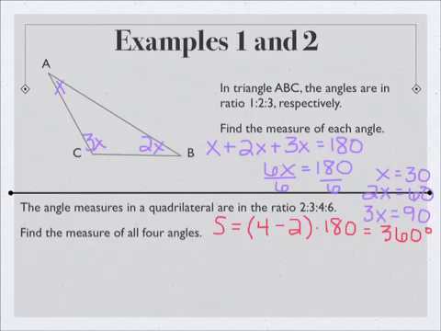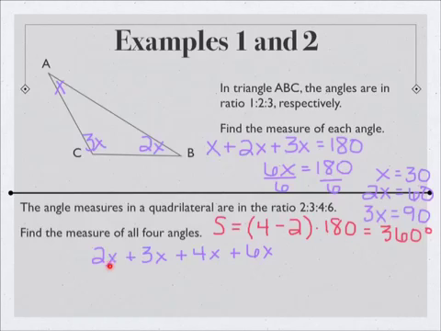So now I can set up my equation using those ratios that they gave me. You could draw a picture if you wanted to, but you don't even need to. It would be 2x plus 3x plus 4x plus 6x.